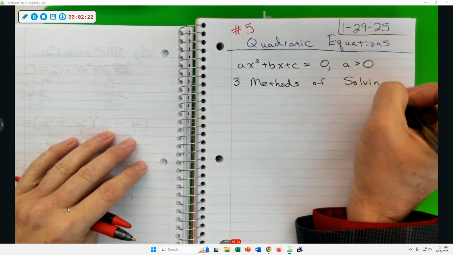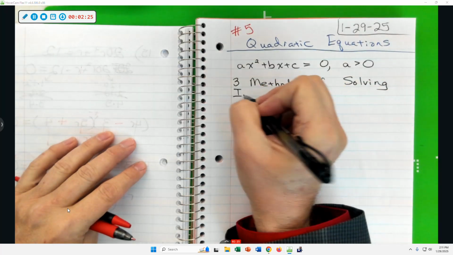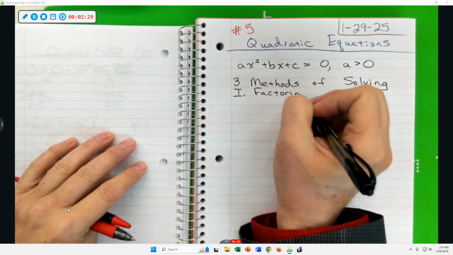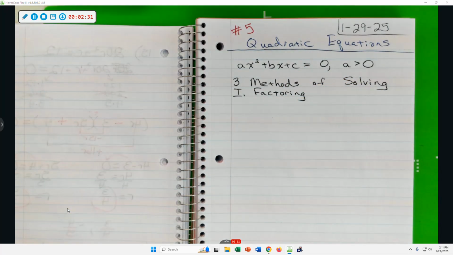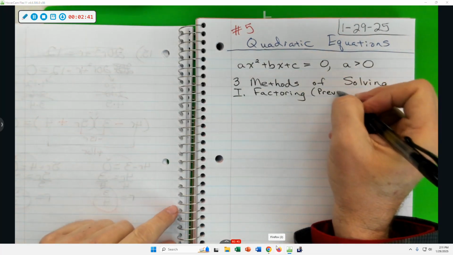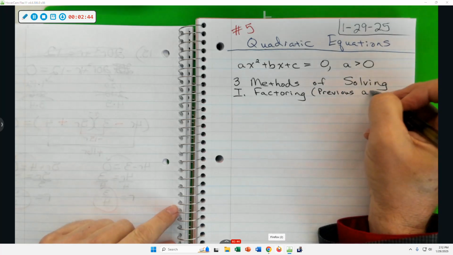I think I'll Roman numeral these. The first one is factoring, using that zero factor property, which says get it factored and then set each factor equal to 0. That was the previous assignment.